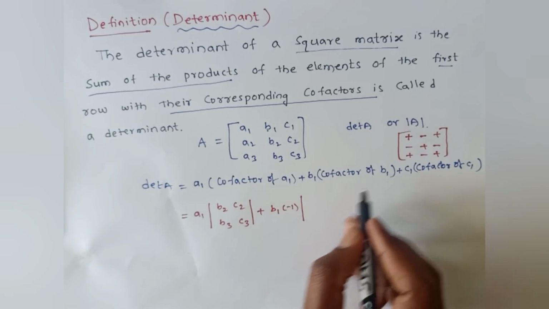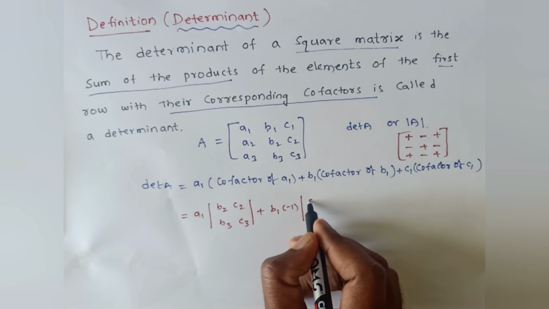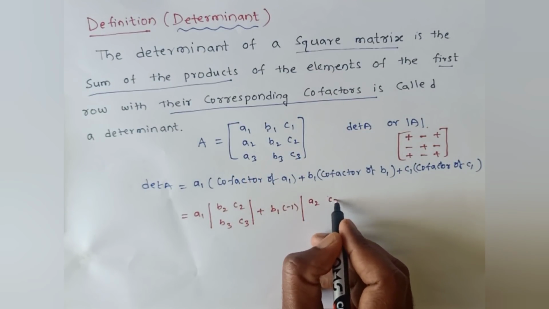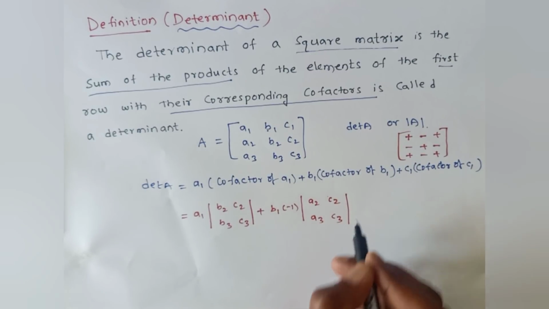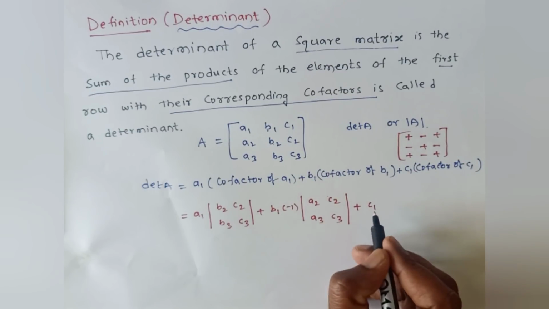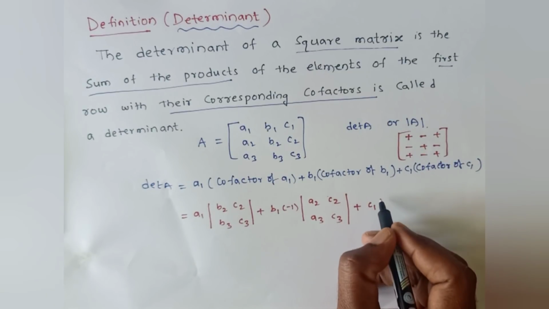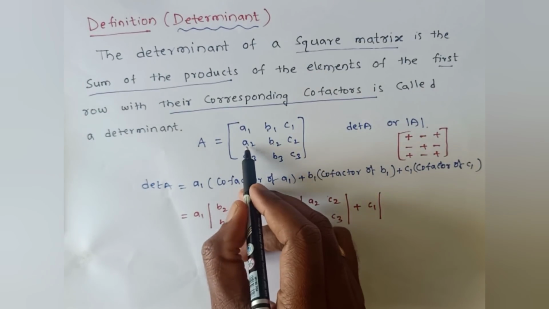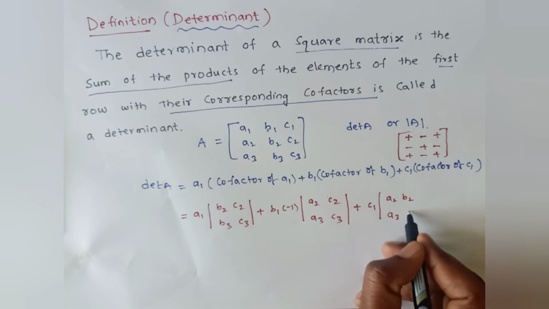By deleting this row and column, the elements are a2 c2, a3 c3. Plus next c1 into the cofactor of c1, so the sign is positive, plus into a2 b2, a3 b3.